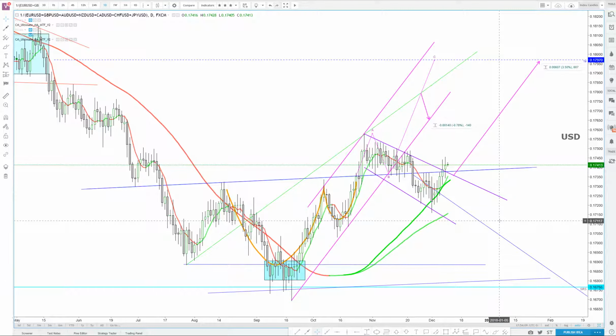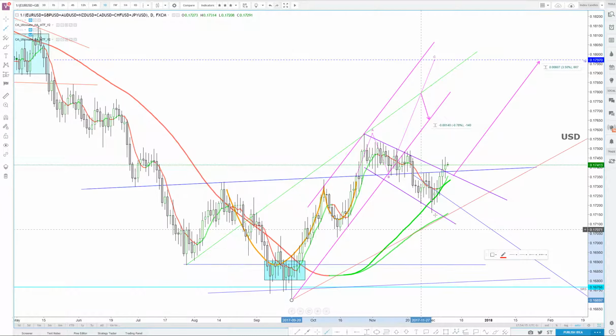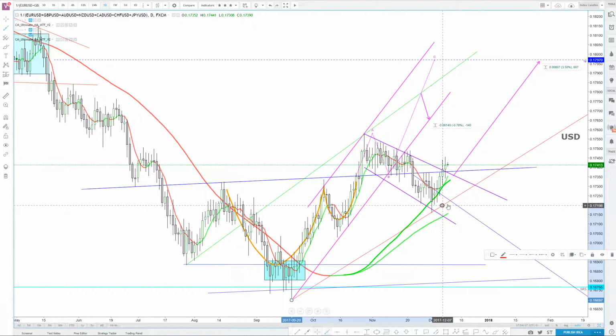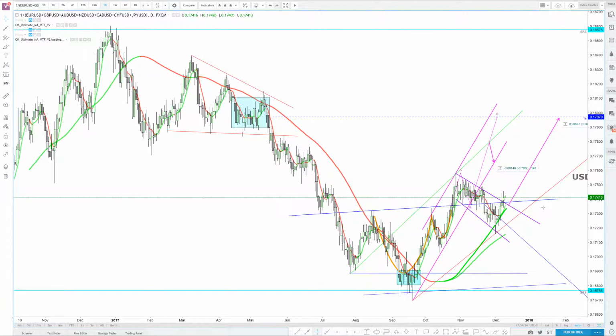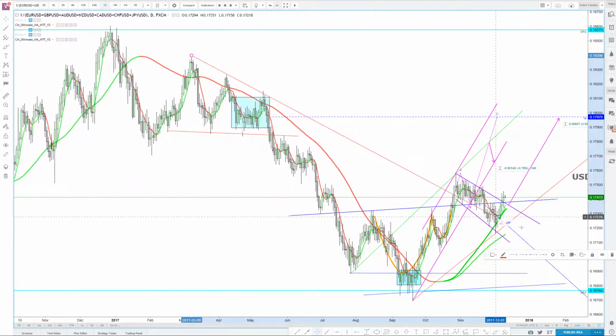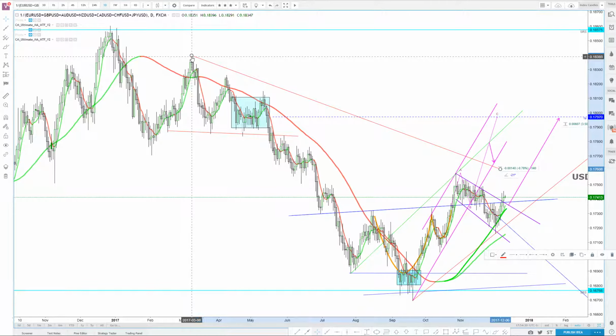All right, and we can also safely draw this trend line like so. And let's see, we might run into a little bit of resistance here.